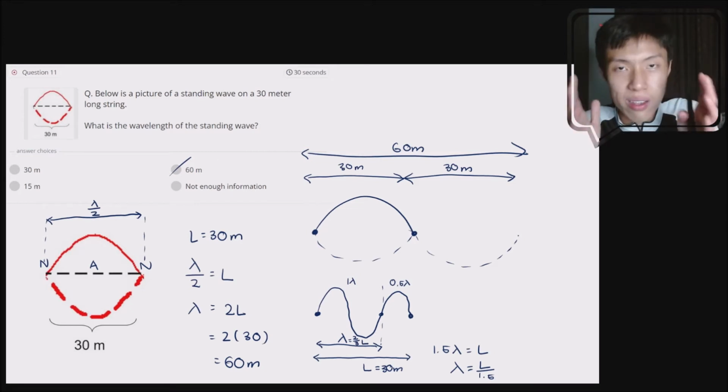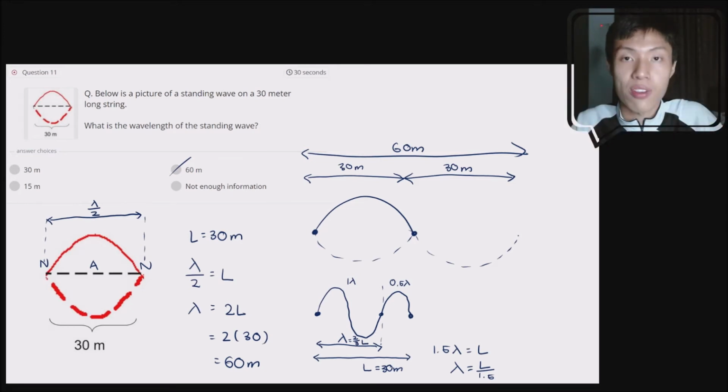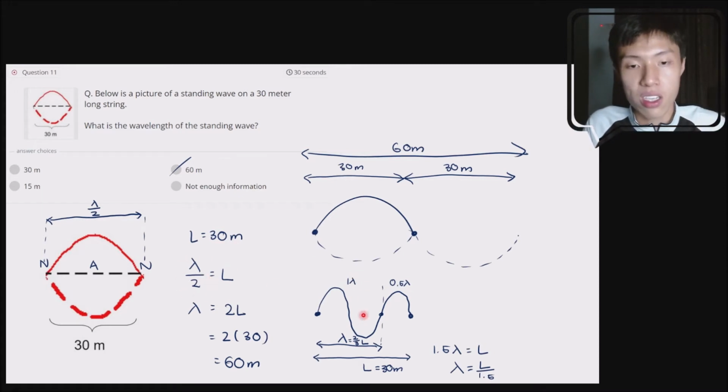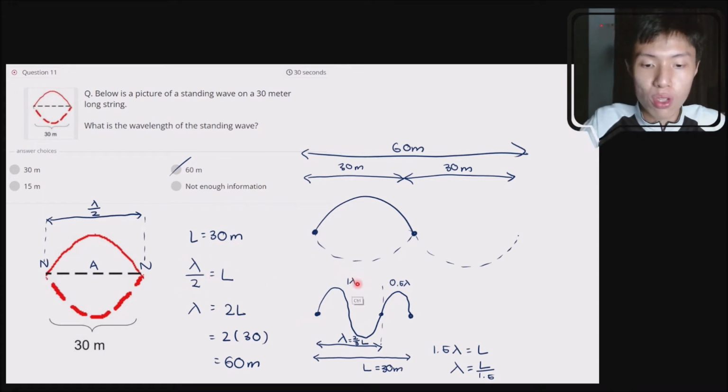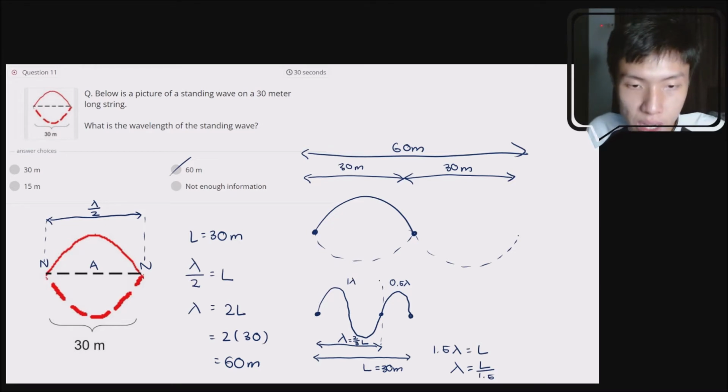One is by looking at it from a more graphical approach: look at how you get one wavelength from the standing wave over here. Or you rely more on mathematics. You know that the distance between two nodes is lambda over 2. Where are the nodes over here?